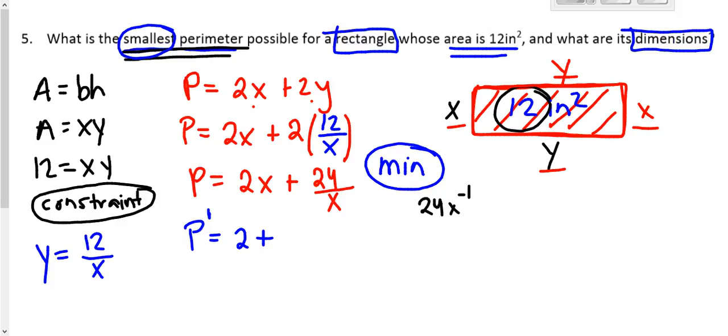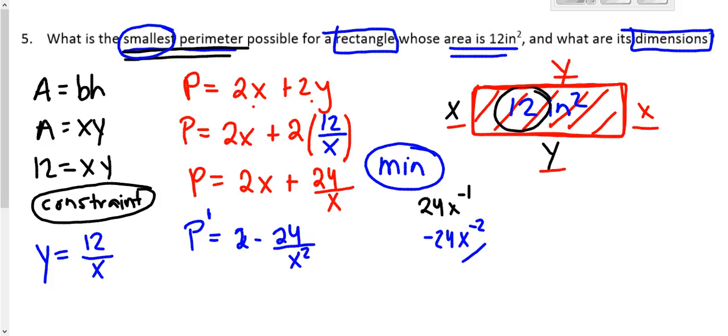To take the derivative, we'd have negative 24 times x to the negative 2. So instead of plus, we'd have minus 24. I'm going to rewrite this as a fraction, so this is 24 over x squared.